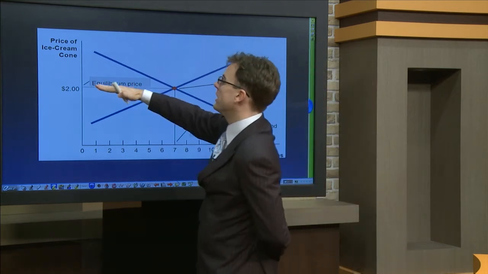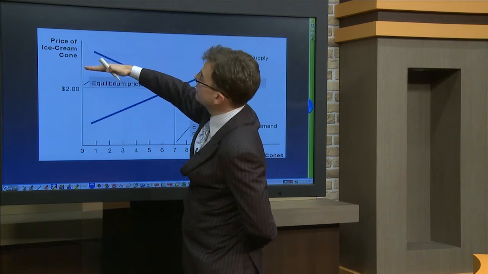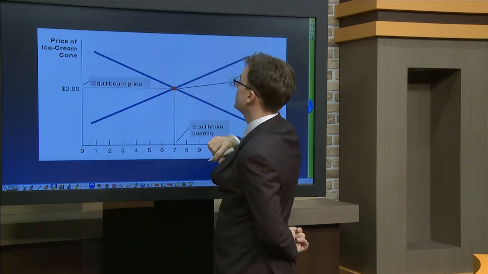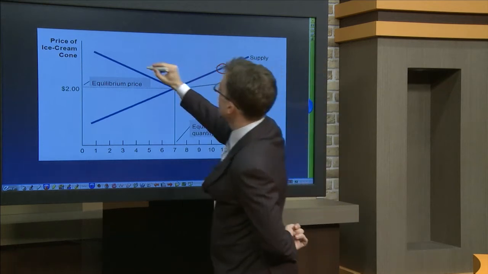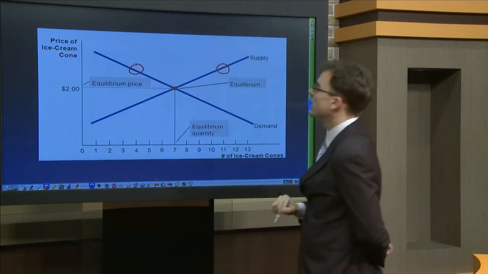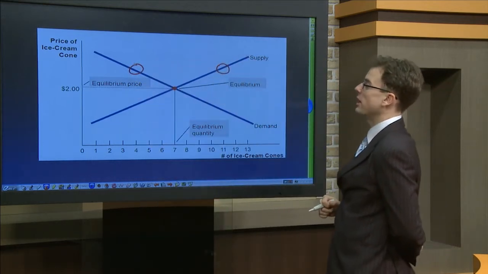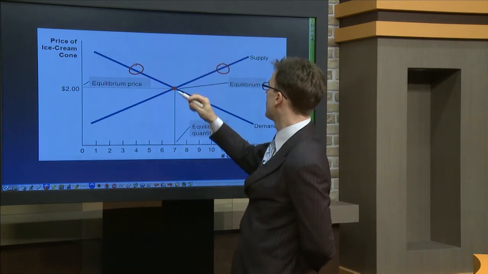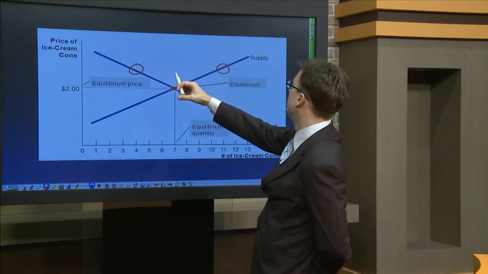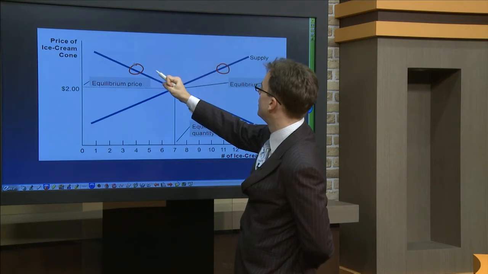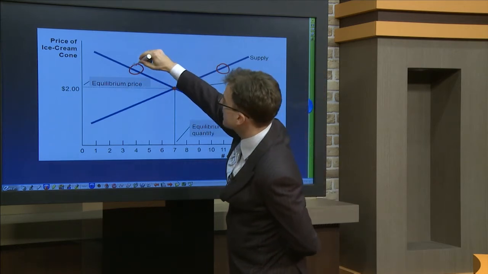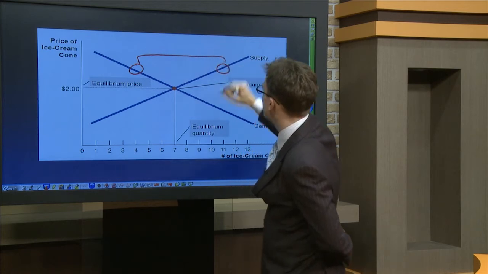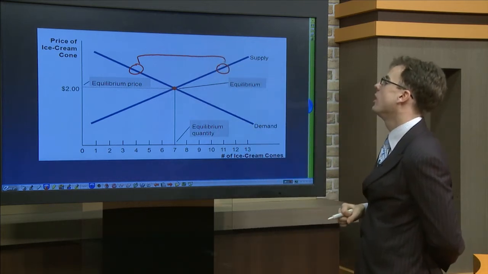If the market price is above this level, we may think that quantity supplied would be greater than quantity demanded at that price, and you may think that we would have excess supply of products.